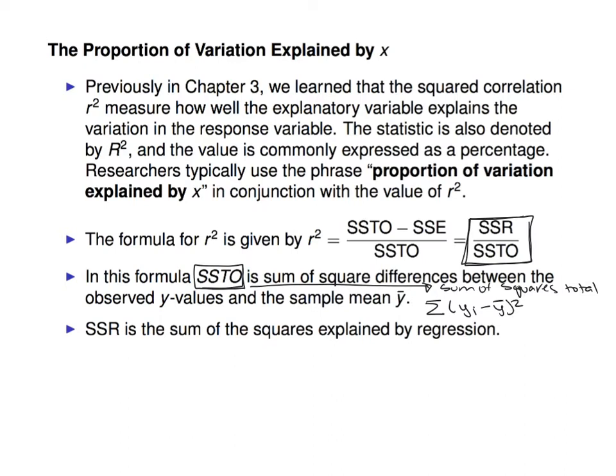That is what SSTO is. Remember that SSE stands for sum of square errors, and this is found by taking the sum of the y sub i minus y sub i hat squared.